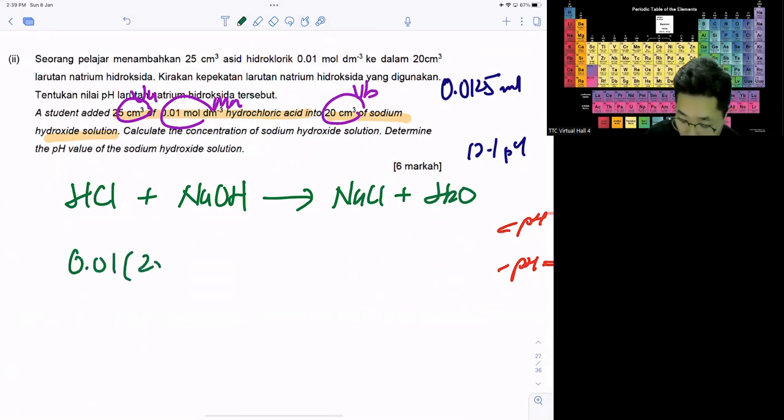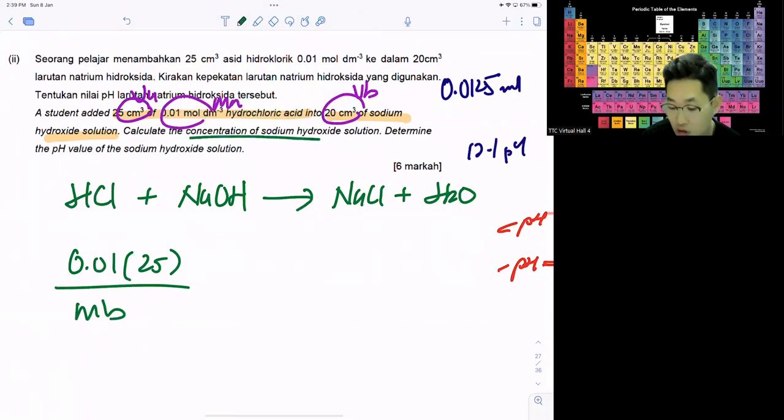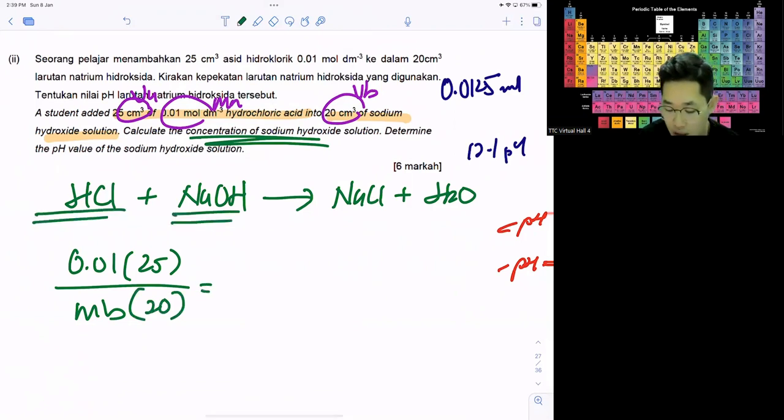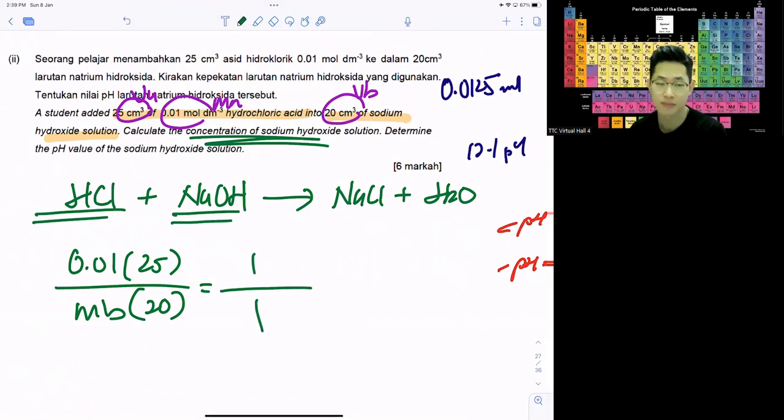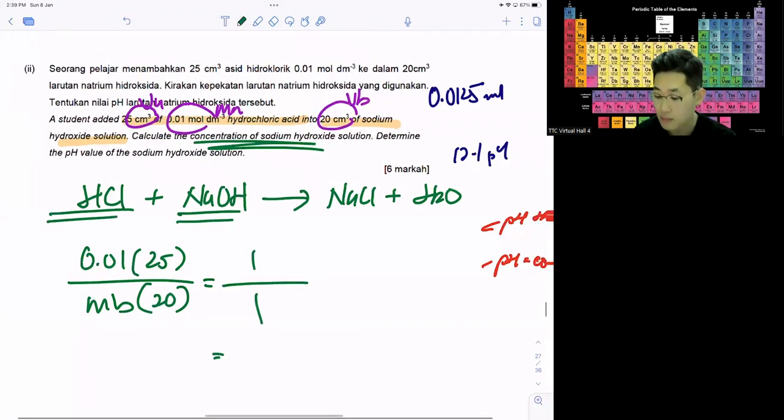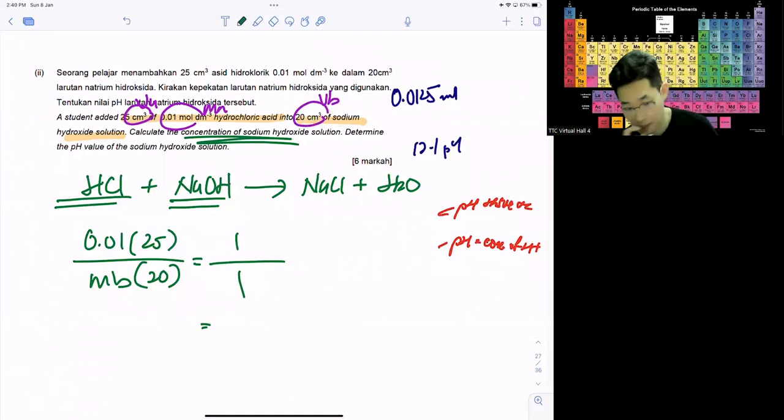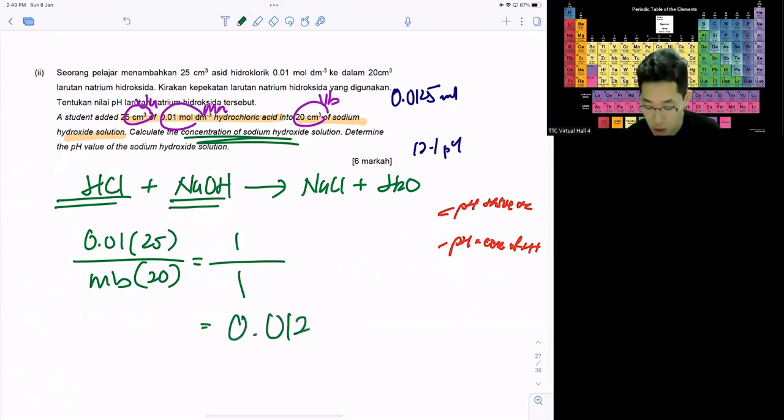MA, VA, MB. That is what they want me to find. Concentration of sodium hydroxide, MB. VB equals the ratio. What's the ratio? 1, 1. 1 acid, 1 base. Then you get 0.0125 mole per dm cube.